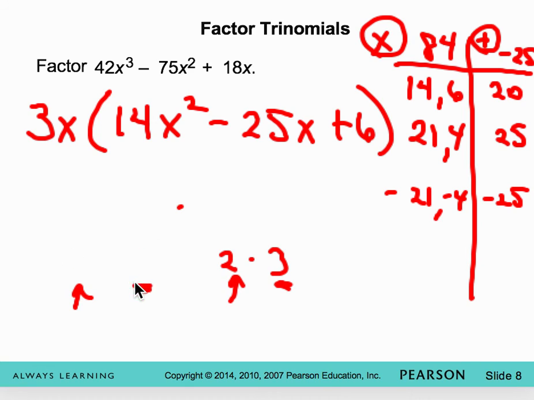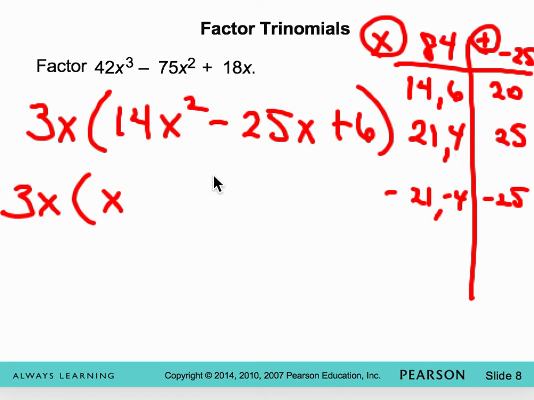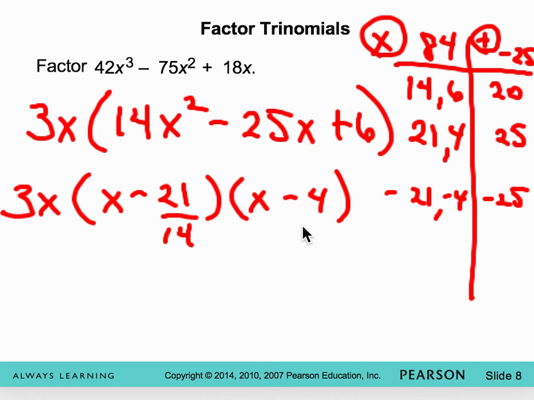Okay, so that means don't forget about this common factor we found in the beginning, right? That's going to carry on. But my other factors are x minus 21 minus 4. And I've got to divide by my leading coefficient of 14. Now, these are both divisible by 7, and these are both divisible by 2.